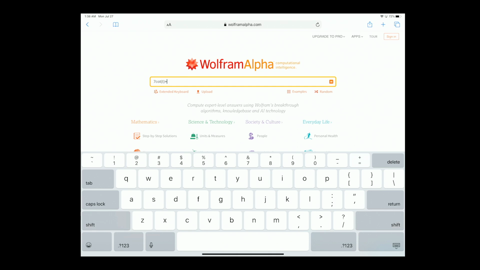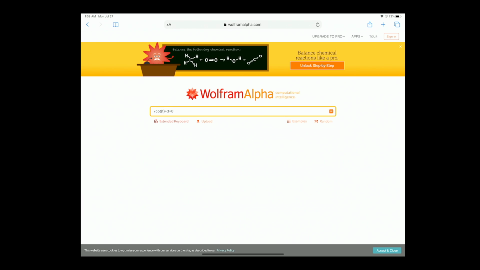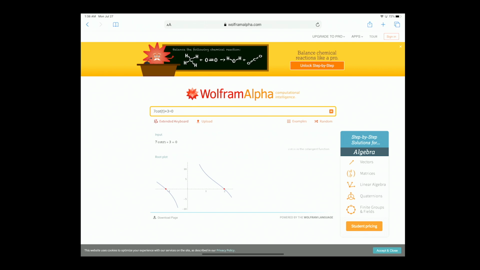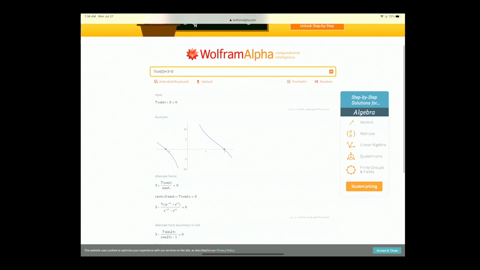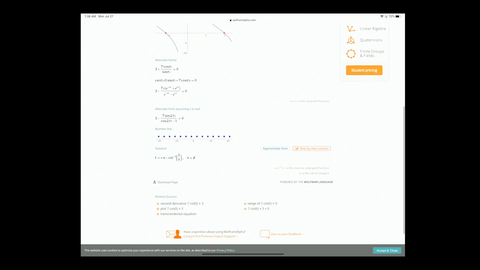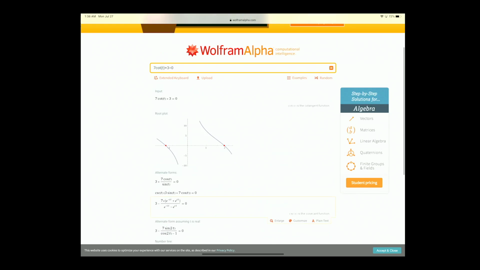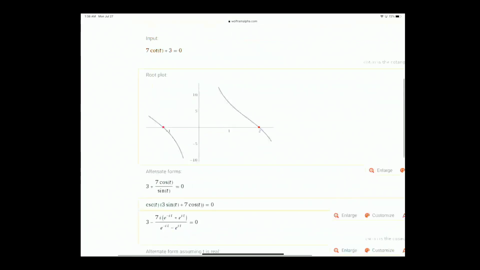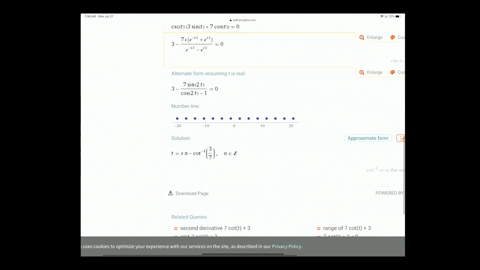Is it plus 3 equals 0? Is that it? No answers? Awesome. Thank you. Really appreciate that, Wolfram.